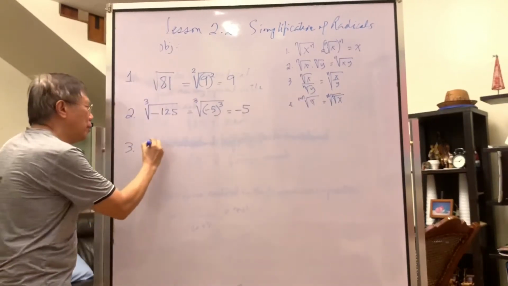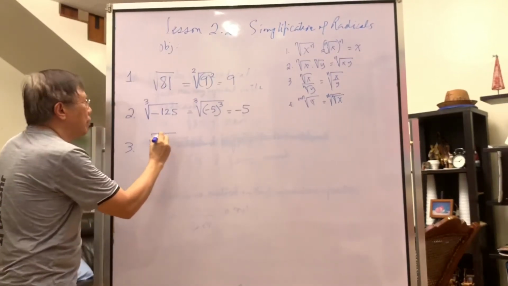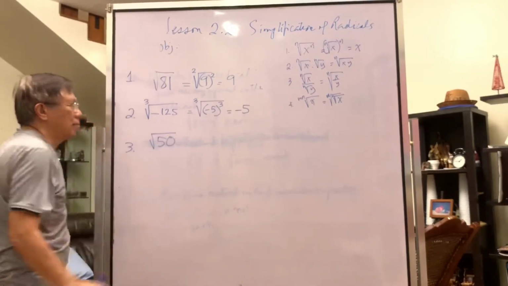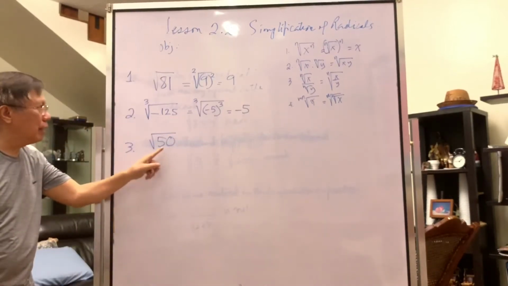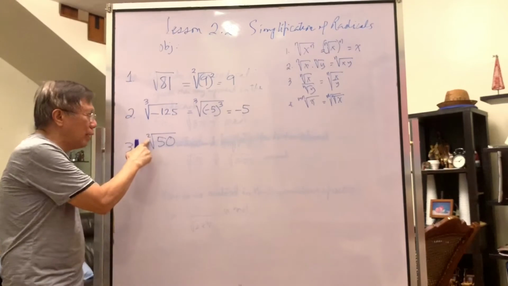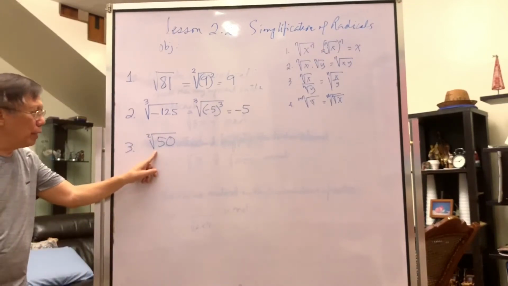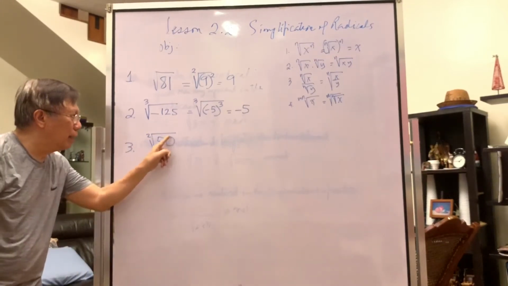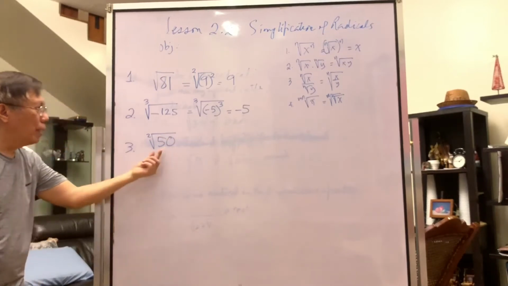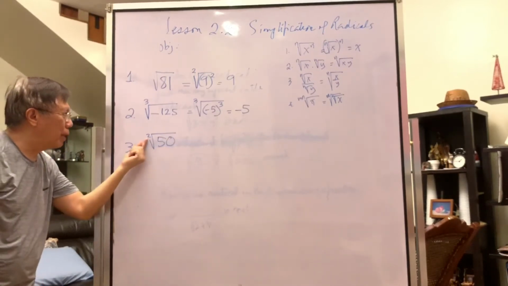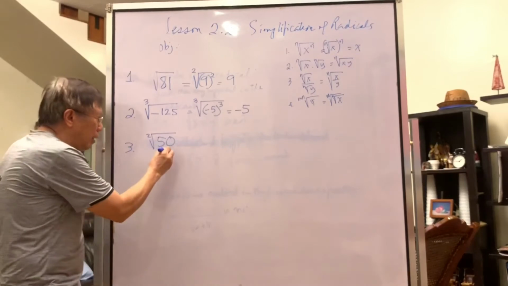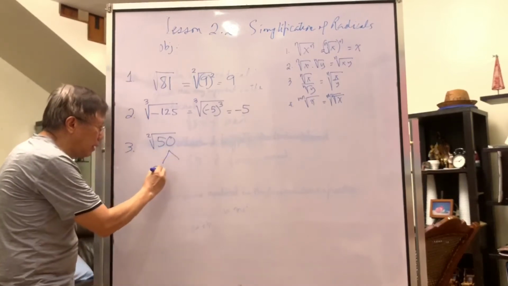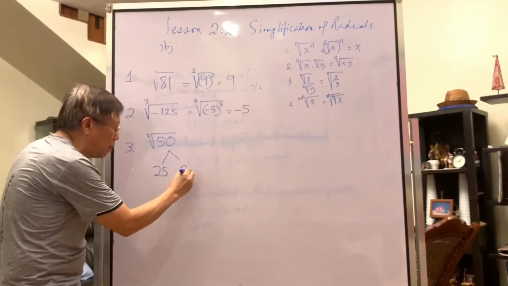Next, suppose we have here square root of 50. Notice that 50 is not a perfect square. Therefore, we need to split this radicand so that one of the factors will be a perfect square. And that can easily be done. I can see that 50 is 25 times 2.